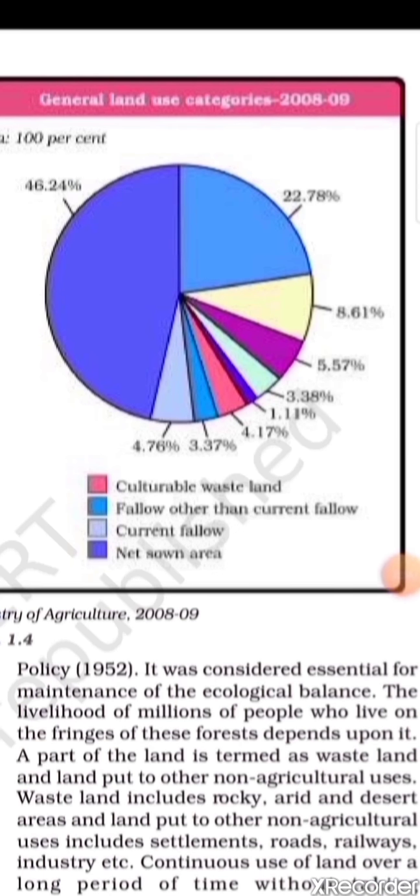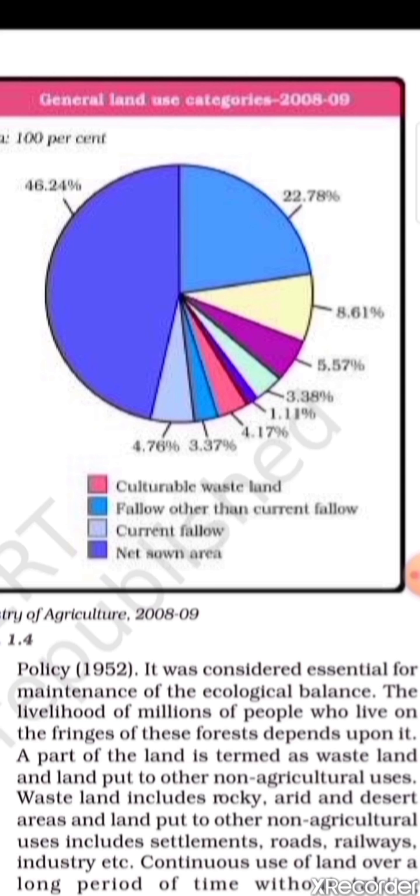If we take the data of 2008-09, we can see the general land use in India in that year. In 2008-09, 46.24% of the area was under forest.